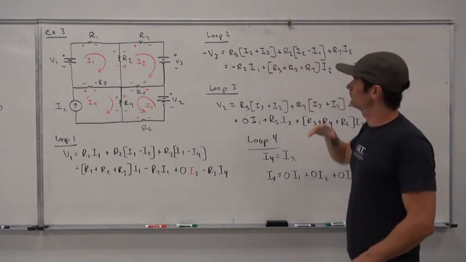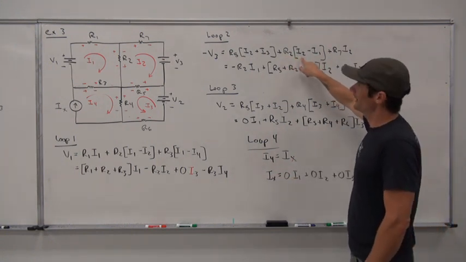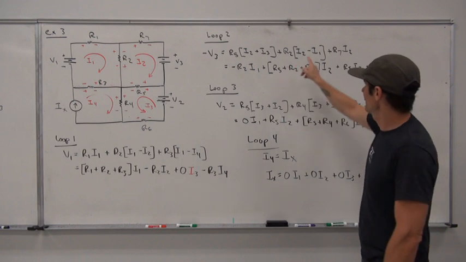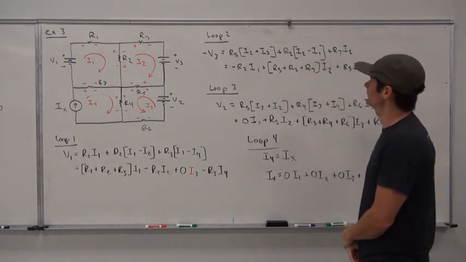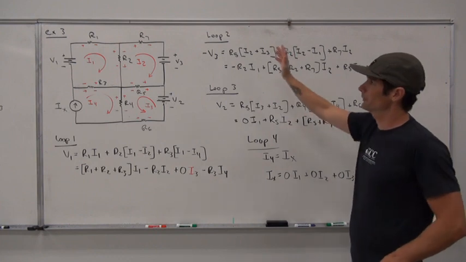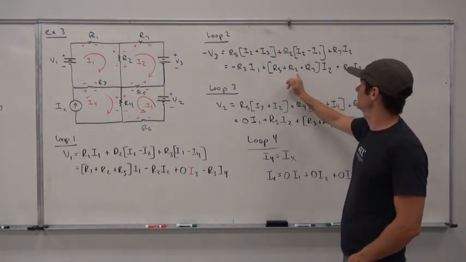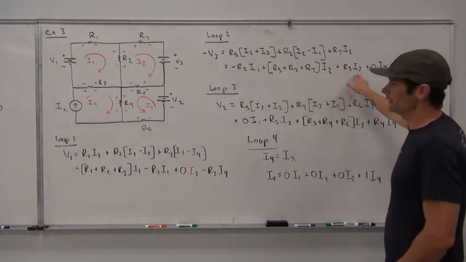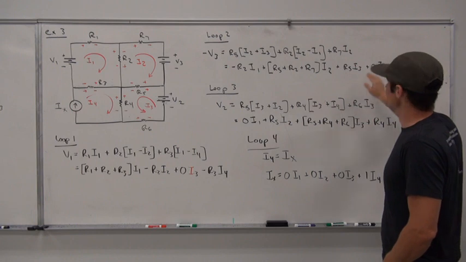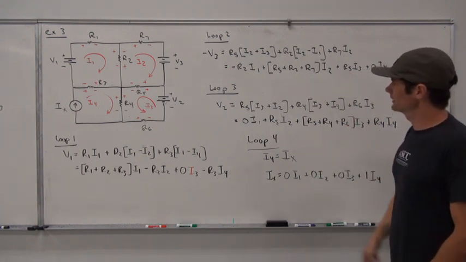This time, because we're referencing the second loop, R2 times I2 minus I1 plus R7 times I2. Go ahead and combine our like variables. We get minus R2 times I1 plus R5 plus R2 plus R7 times I2 plus R5 times I3 plus 0 times I4.